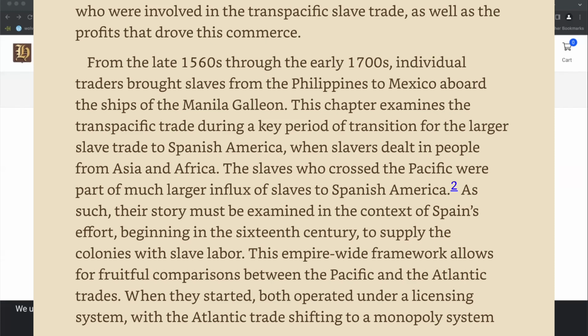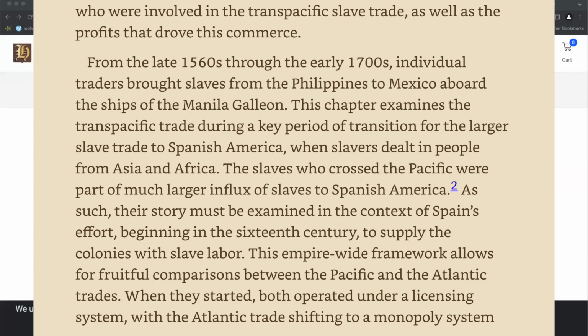From the late 1560s through the early 1700s, that's a lot of years, guys, individual traders brought slaves from the Philippines to Mexico aboard the ships of the Manila galleons. Remember, these are all kinds of Southeast Asians and Hindus being sent to the Philippine slave market to be transported from there to the Americas.